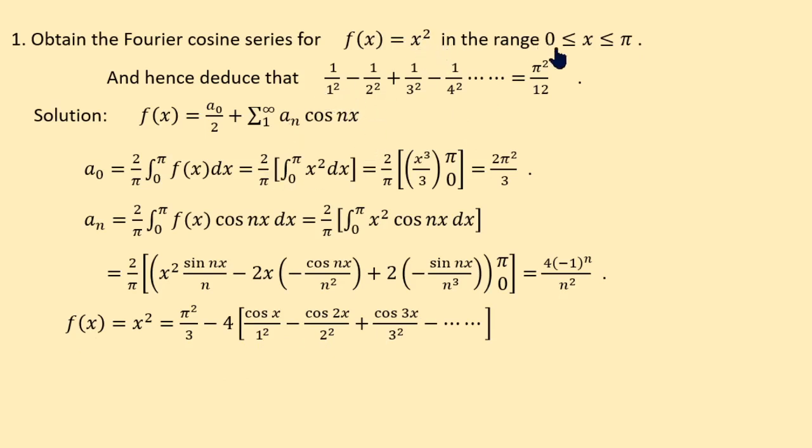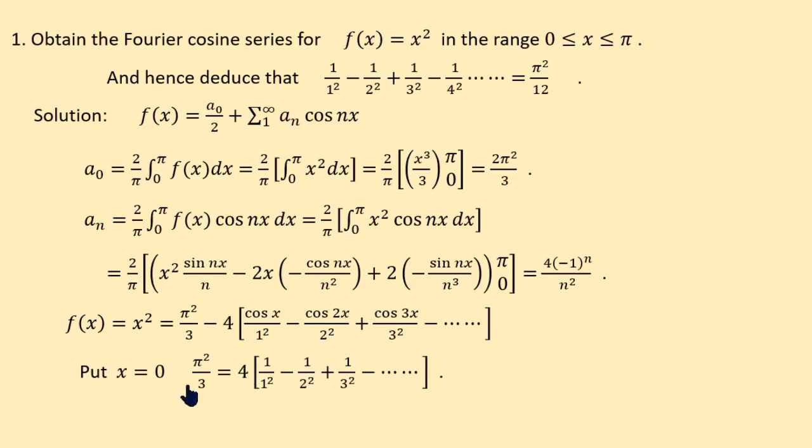Now when x is 0, f of 0 is 0, because you are assuming that this f of x is from minus pi to pi. This is your half range. Therefore f of 0 is 0. 0 equal to pi square by 3 minus 4 into cos 0 is 1, 1 by 1 square minus 1 by 2 square plus 1 by 3 square and so on. And hence pi square by 3 equal to 4 times of 1 by 1 square minus 1 by 2 square and so on.